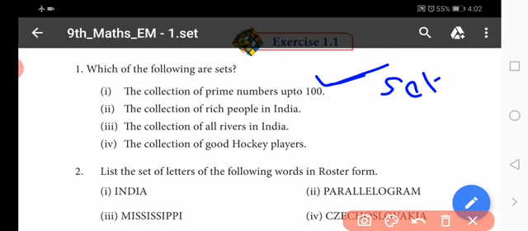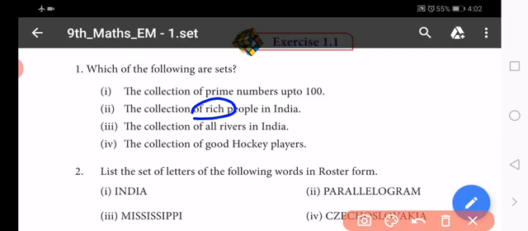And the second one, the collection of rich people in India. Rich means those who have more money. So in the collection of rich people, the objects are not well defined. Who are the very rich people in India?